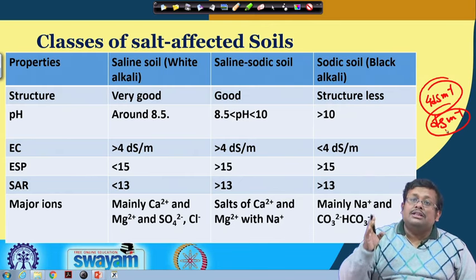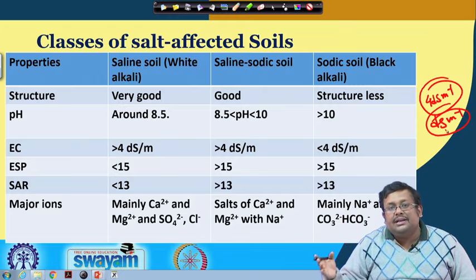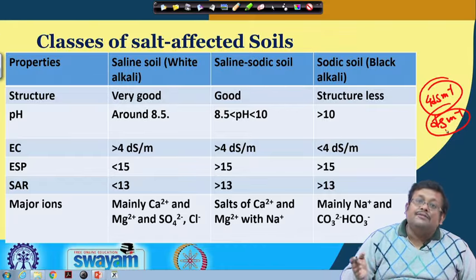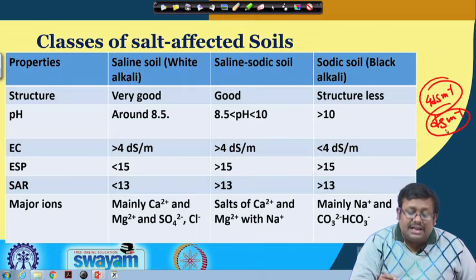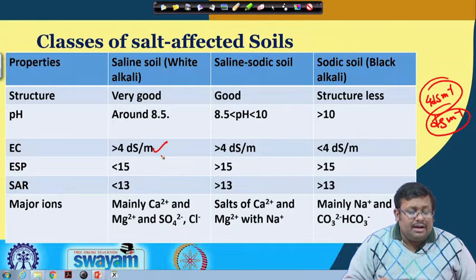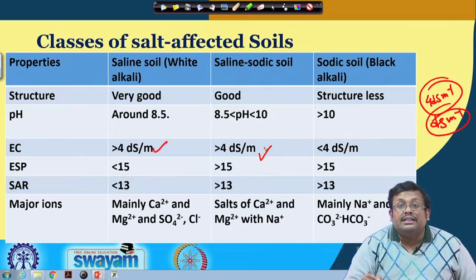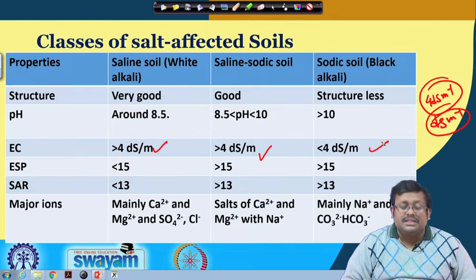When the soil has more than 4 decisiemens per meter electrical conductivity, then the soil is saline, and when it is less than 4, then the soil is normal. So, you can see here, in case of saline soil, the EC is greater than 4 decisiemens per meter. In case of saline sodic soil, it is also greater than 4. However, in case of sodic soil, it is less than 4 decisiemens per meter.